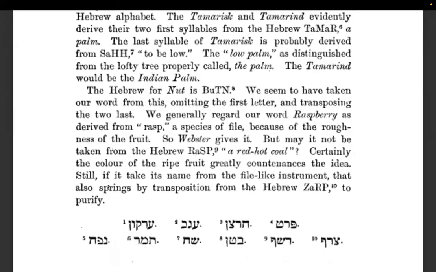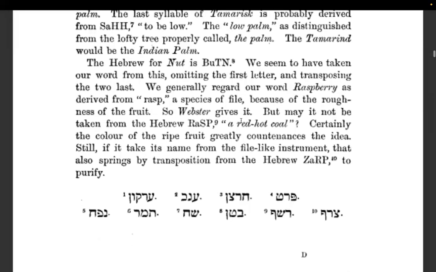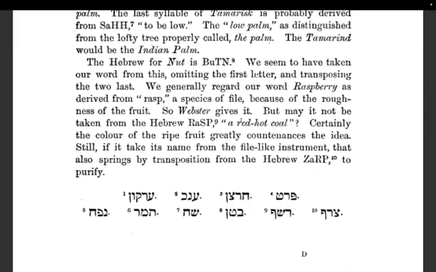The Hebrew word nut is buten. We seem to have taken our word from this, omitting the first letter and transposing the two last. We generally regard our word raspberry as derived from rasp, a species of file, because of the roughness of the fruit. So Webster gives it, but may it not be taken from the Hebrew rasp, a red hot coal, and that would be resh shin pei, or resh sin pei, right?